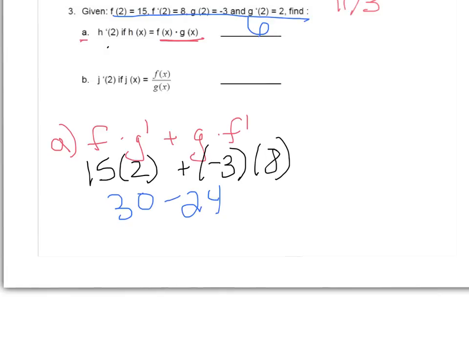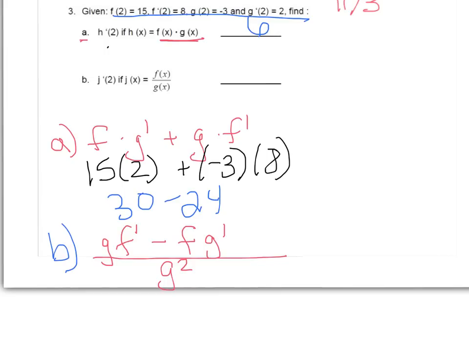Do the same thing for B. But now it's a quotient, so that's all over the denominator squared. So it's low d high minus high d low.